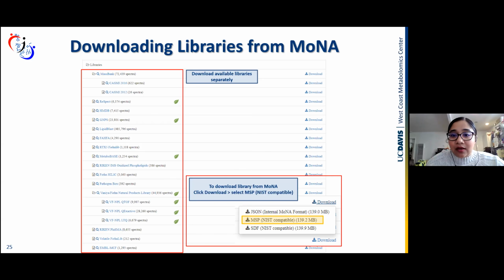And then, any advice on CEU Mass Mediator for searching metabolites in different databases? I'm not familiar with CEU Mass Mediator, so if you could explain what that is, maybe I might have an answer for that, but I'll keep continuing with some questions.